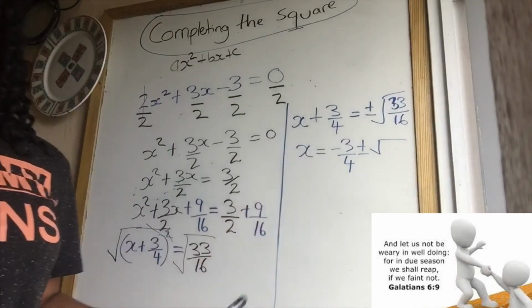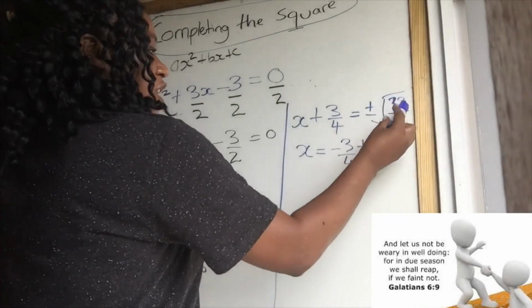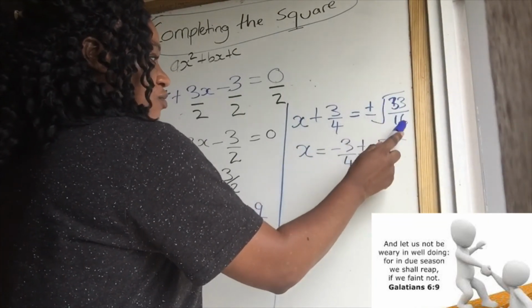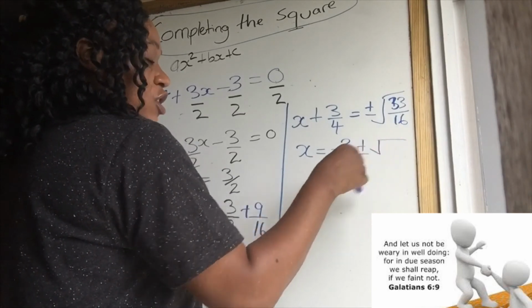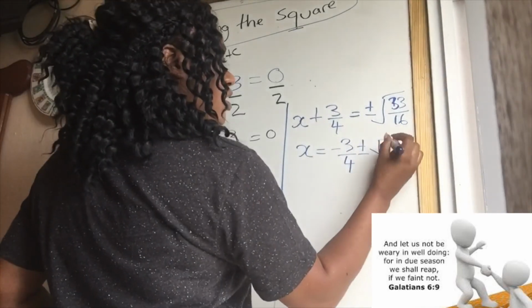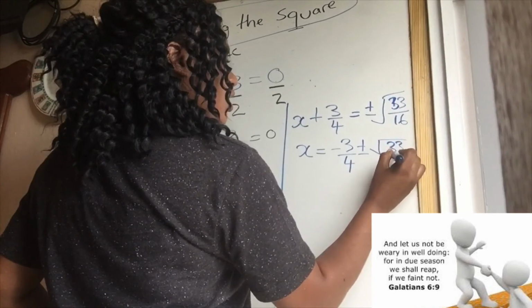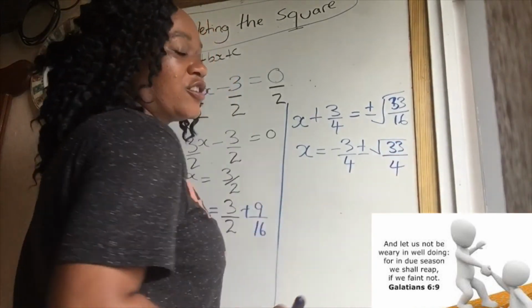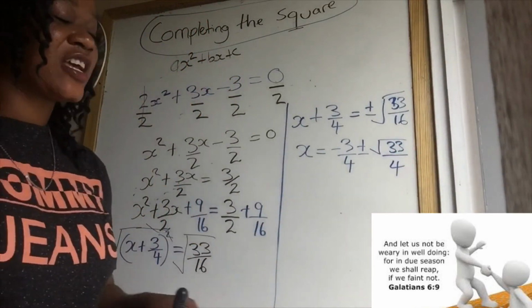Look at this now, guys. When we square root 16, we're going to get 4. So we still can have 33 over 4. And we still can pretty this up.